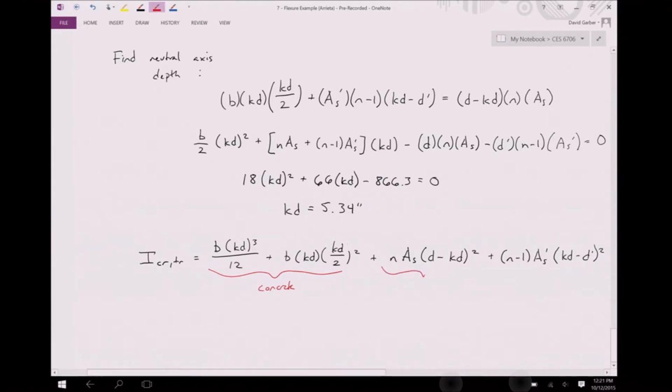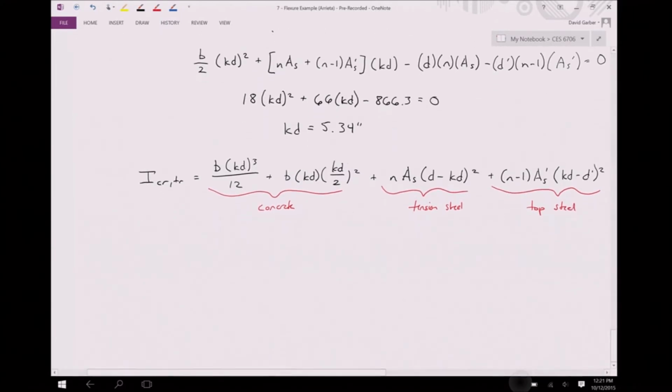So this is tension steel. And this is top steel or compression steel. Okay, and if we plug in our values here, we'll get our I cracked transformed to be 10,900 inches to the fourth.